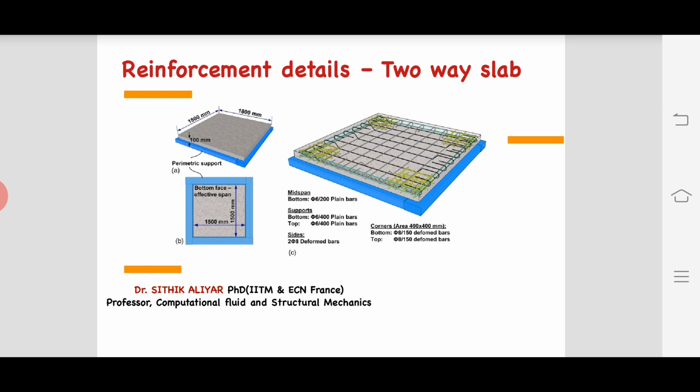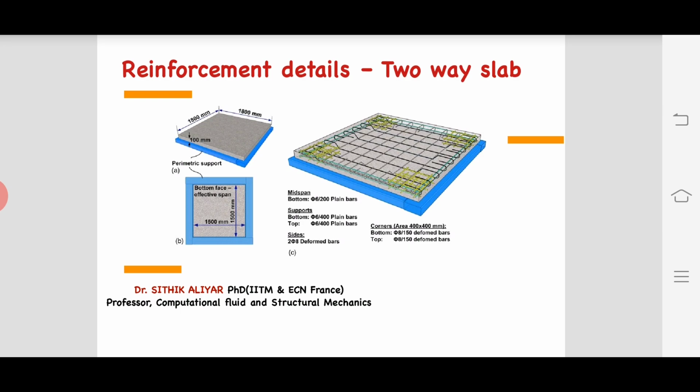Take the same A4 sheet, ask somebody to hold the four corners. Now you press it, the paper is not going down because it is restrained at the four corners. So the people who are holding the corners will feel the torsion experienced. So in the restrained condition you have to put extra reinforcement at the corners.